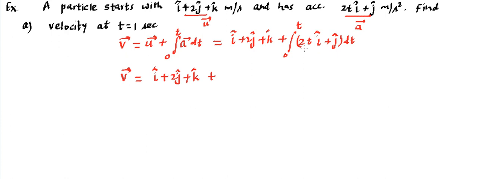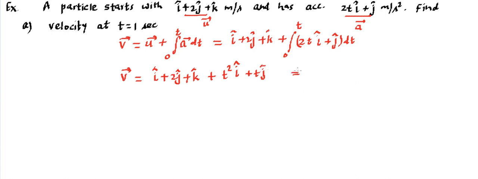In this integration, the first term is the integration of 2t with respect to t. So that becomes 2 into t square by 2, the 2 and 2 get cancelled, with limits 0 to t. So we can directly write it's going to be t square i cap. Then go for the integration of the second part, which is 1; the integration of 1 is t. So that becomes t j cap.